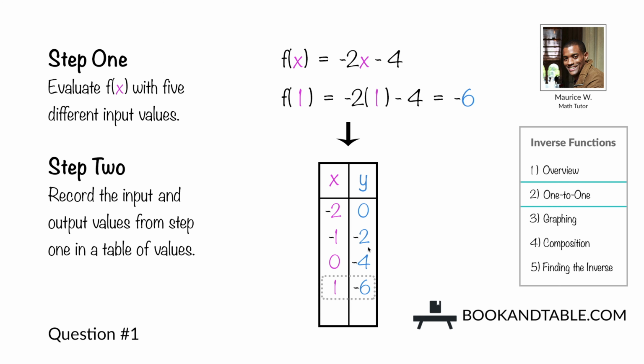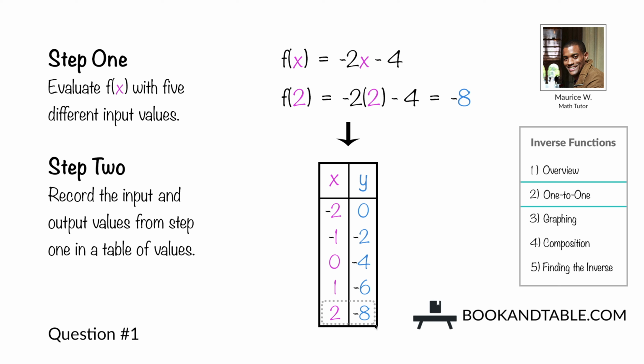For f of 1, we get -2 times 1, which is -2. And -2 minus 4 is equal to -6. So the input is +1 and the output is -6. And for the fifth point, f of 2 is equal to -2 times 2, which is -4. And -4 minus 4 is equal to -8. So the input is +2 and the output is -8.